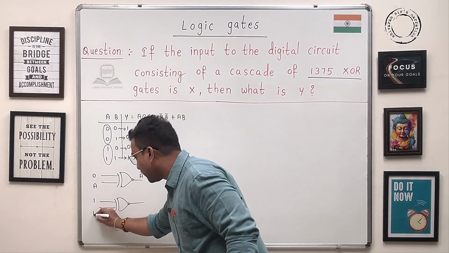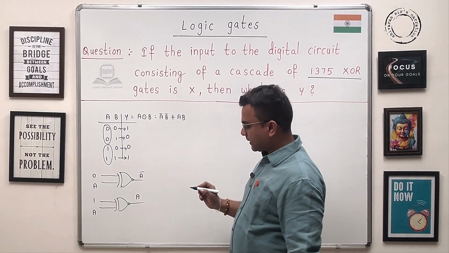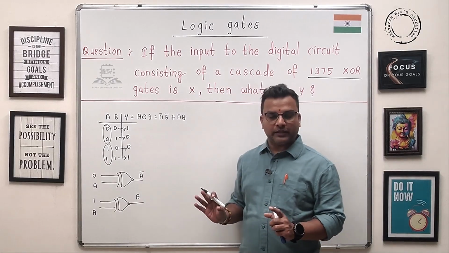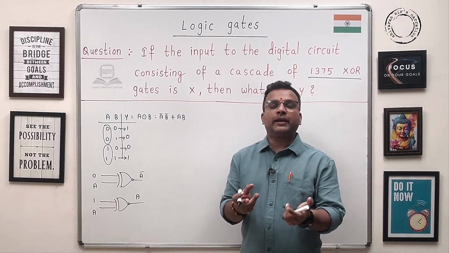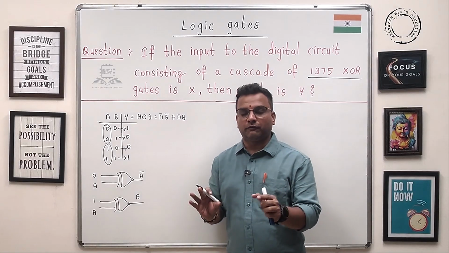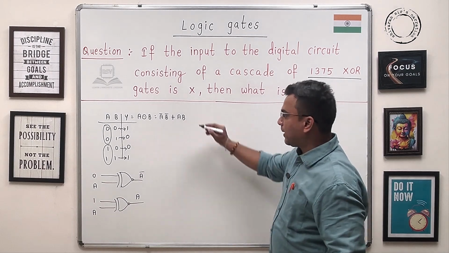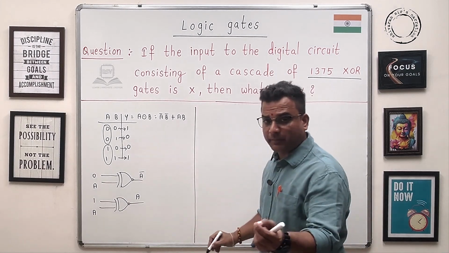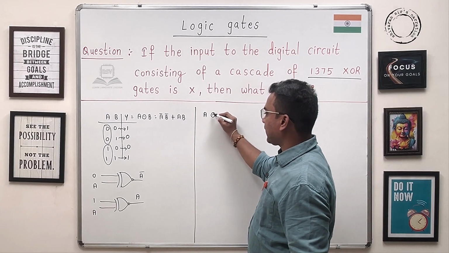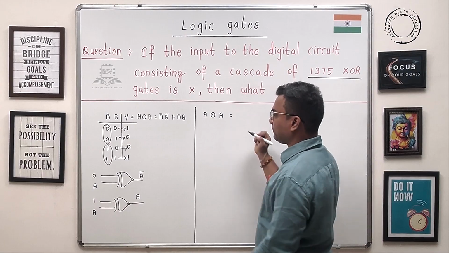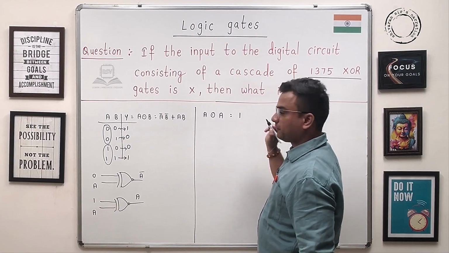Hence here output follows the other input like A. So this is the basic thing: the XOR gate can be used as a buffer, and the XNOR gate can be used as an inverter, right? Now from this, you can formulate properties. A XNOR A: obviously, when inputs are same, output is logic 1.